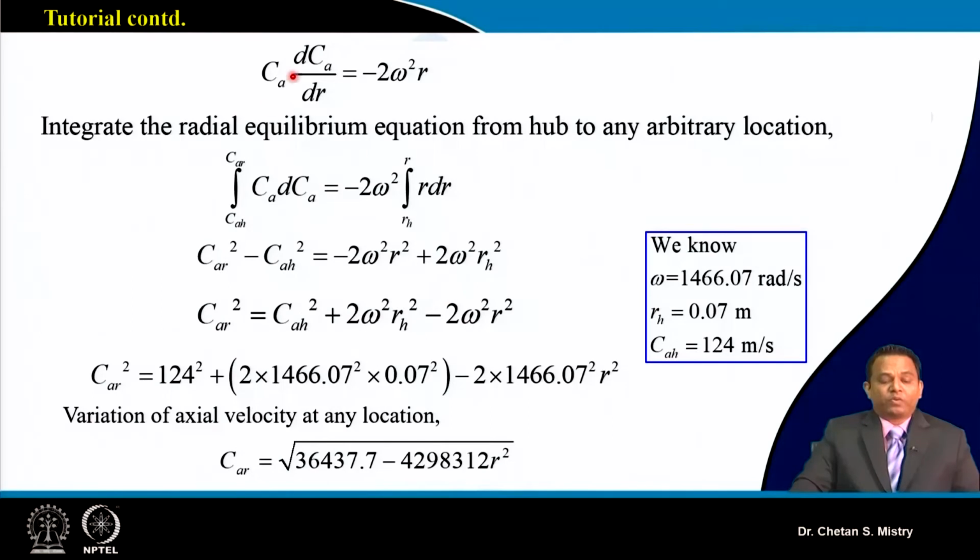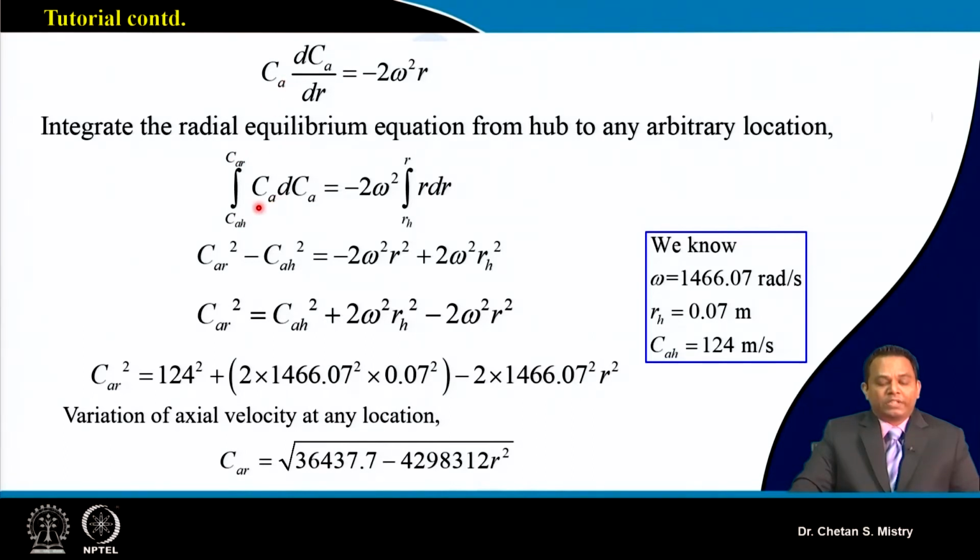Now if this is our equation, we need to calculate our axial velocity. So in this case, let's consider any arbitrary radius r. Since we have our information available at the hub, I will put my limit from hub to any radius r.